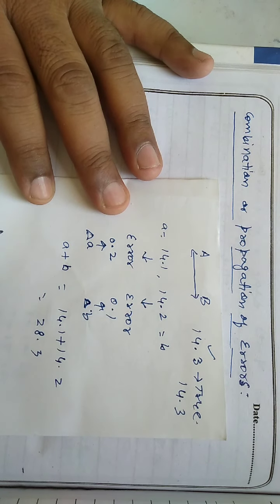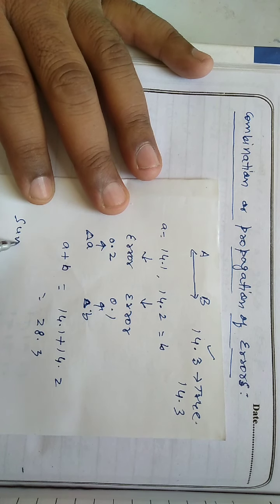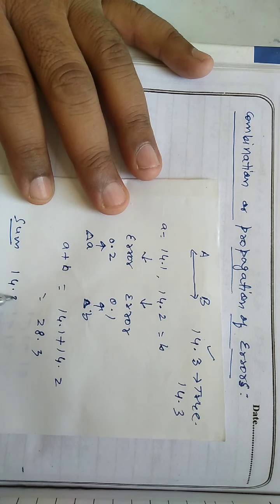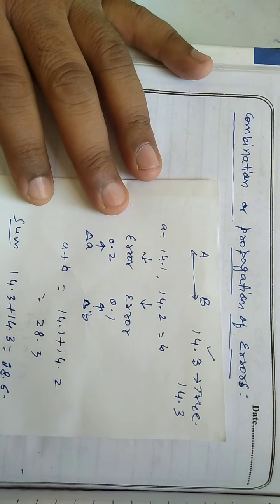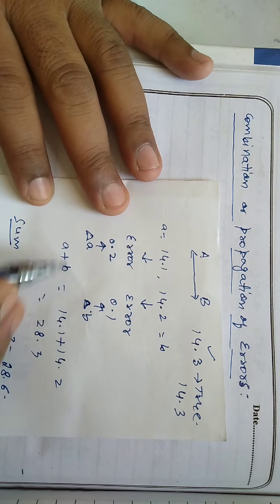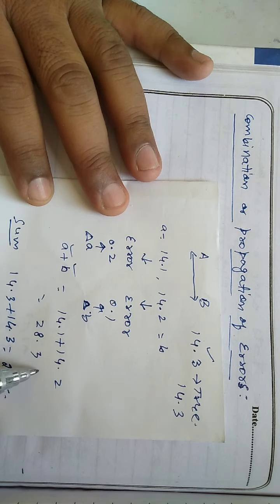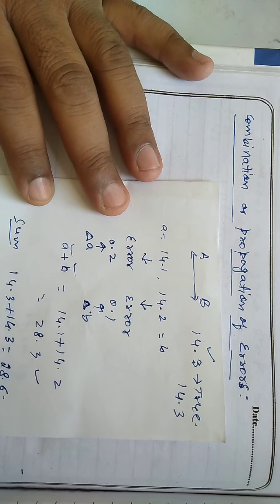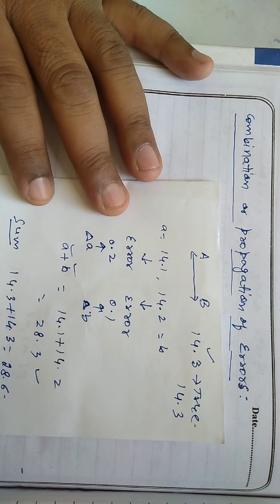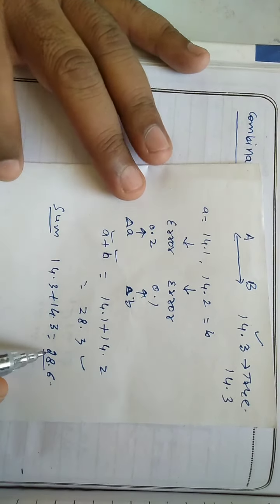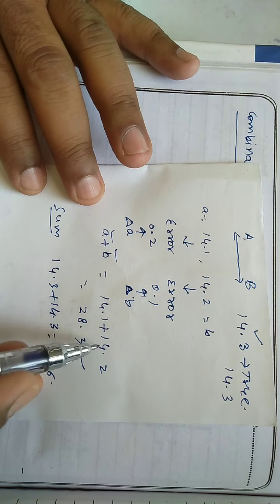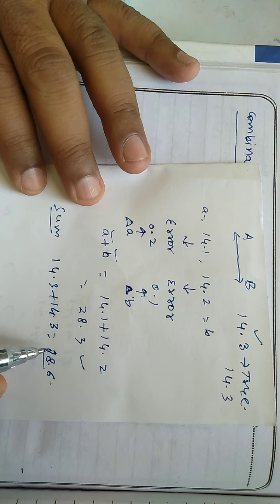Then your sum of the two numbers should be 14.3 plus 14.3, that should be 28.6. But according to your observations A and B, your result is 28.3, but the actual result should be 28.6. So therefore, now there is some error in the sum of two numbers, that is called propagation of error. Now we will start combination or propagation of error.